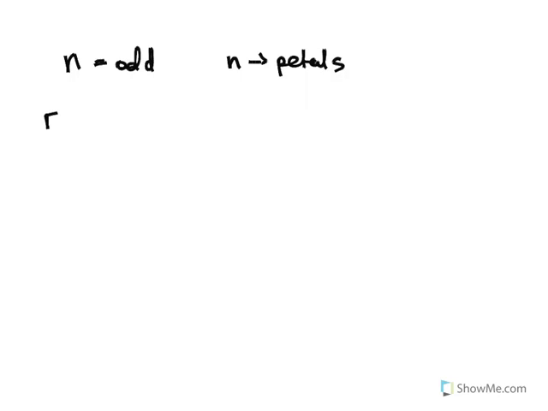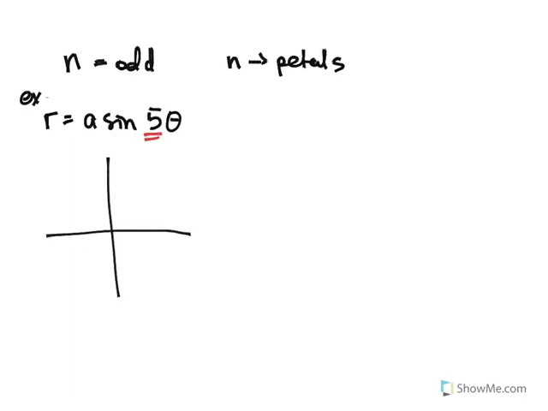So for instance, if you have r equals a sine of 5 theta, 5 is odd. So that means we're going to get 5 petals, and it's sine, so we're not on these lines. So it's going to be something like, well, it depends actually.